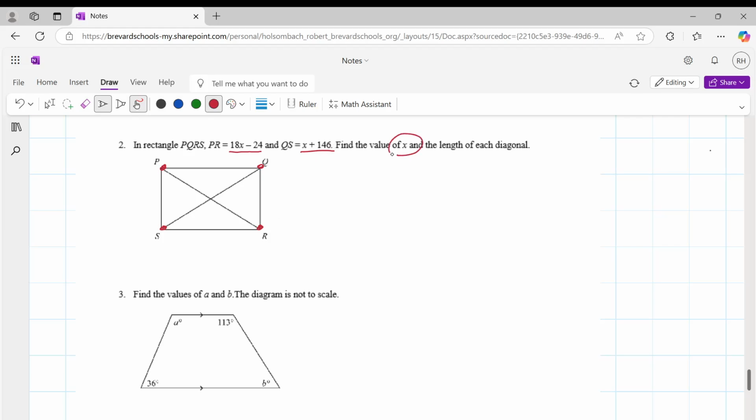Find the value of x and the length of each diagonal. All right, diagonals of a rectangle are congruent. So this 18x minus 24 is equal to x plus 46.